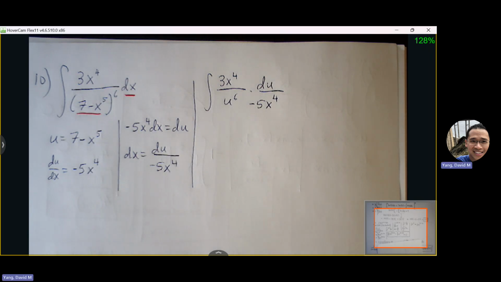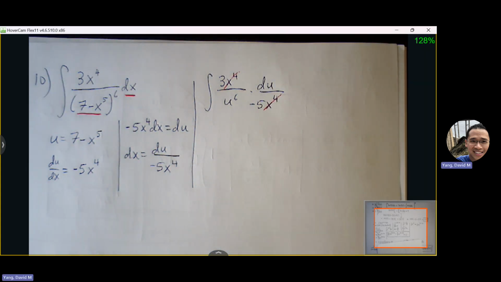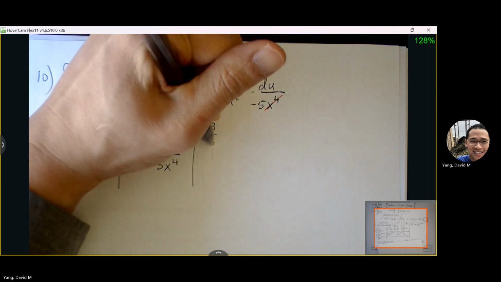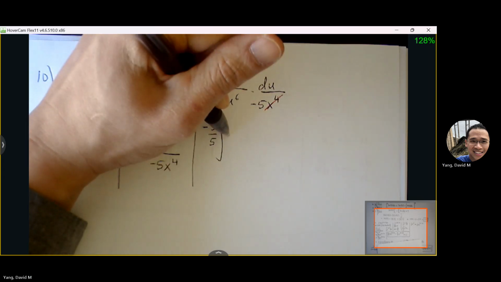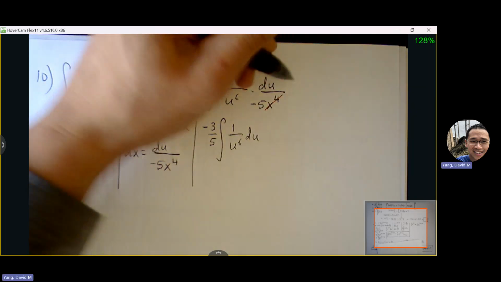X's cancel out. Pull the coefficients out in front, and then also move that u to the top before we do power rule.